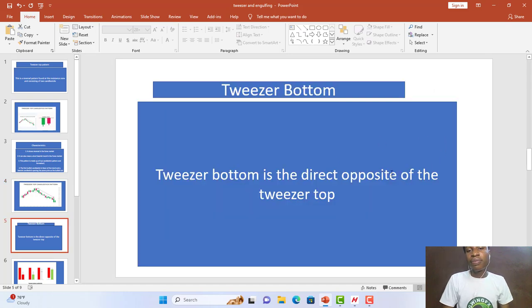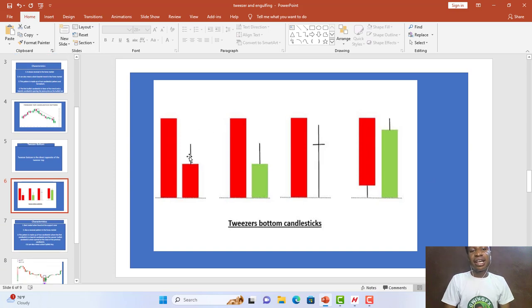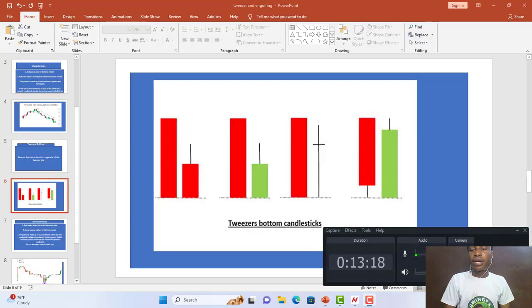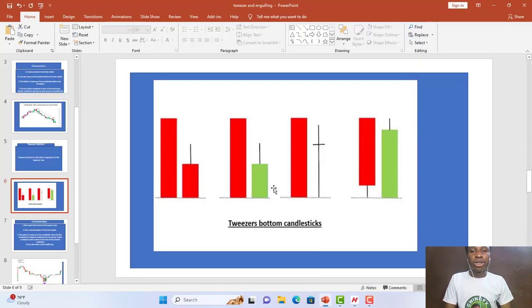So the tweezer bottom is the direct opposite of the tweezer top, right? The tweezer bottom is spotted at the support zone. As seen here, the first candlestick must be a bearish candlestick, while the second must be a bullish candlestick.